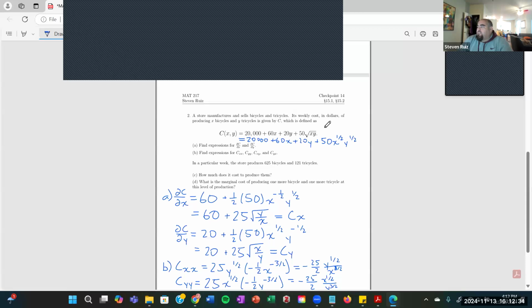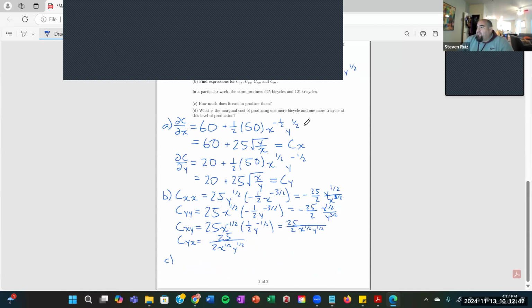So a store manufactures and sells bicycles and tricycles. Its weekly cost in dollars of producing x bicycles and y tricycles is given by C. Okay, so how much does it cost to produce them? Basically, this is asking for us to evaluate the function at x equals 625 and y equals 121.